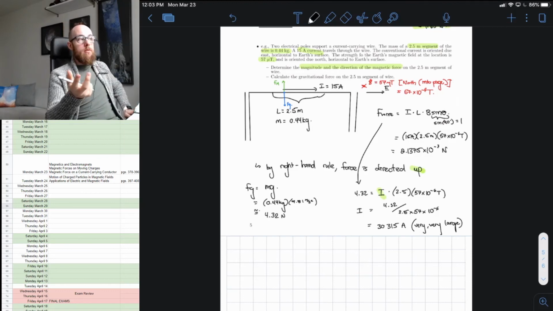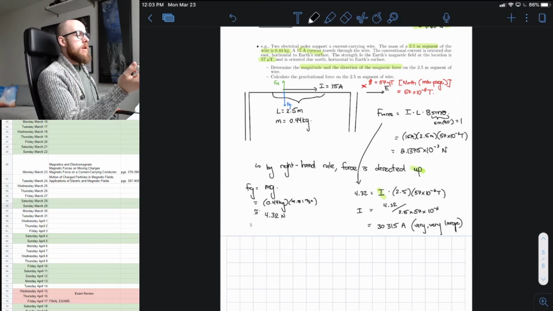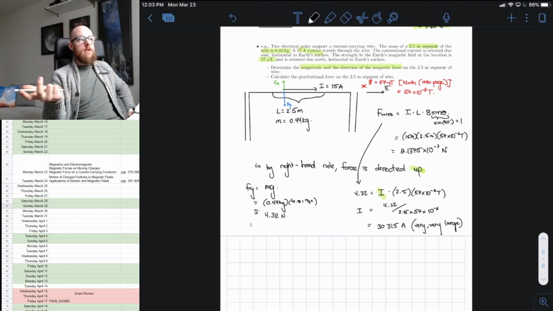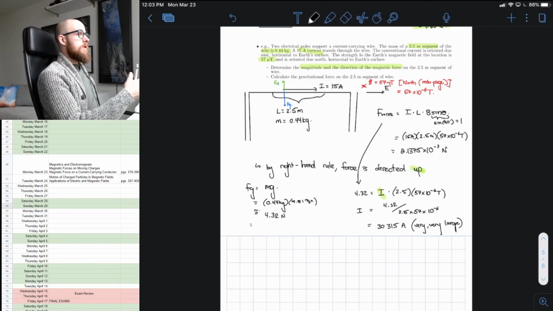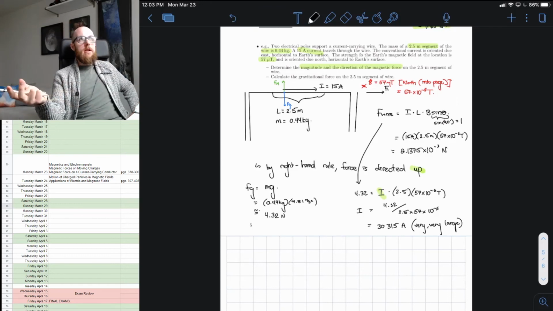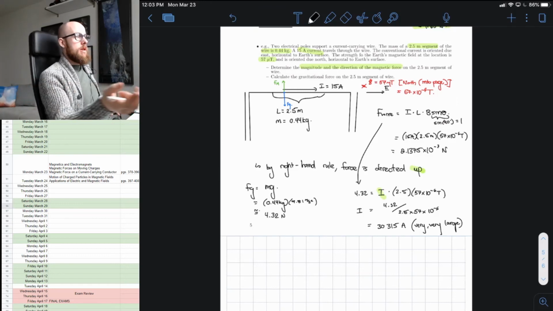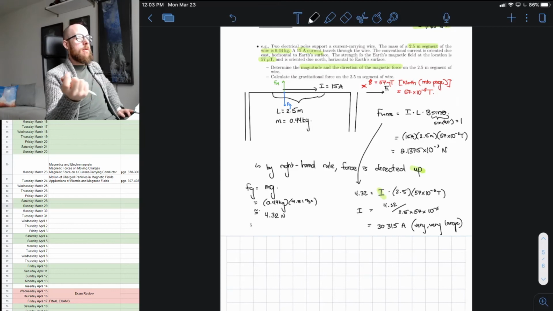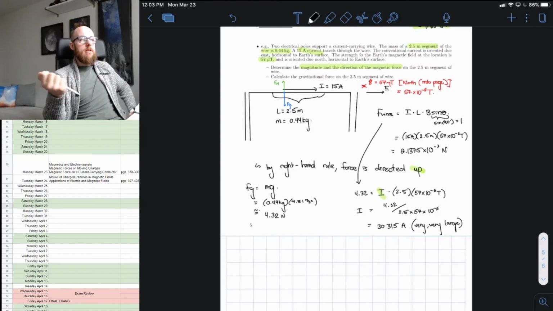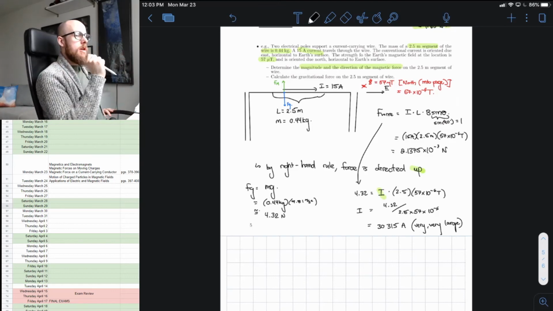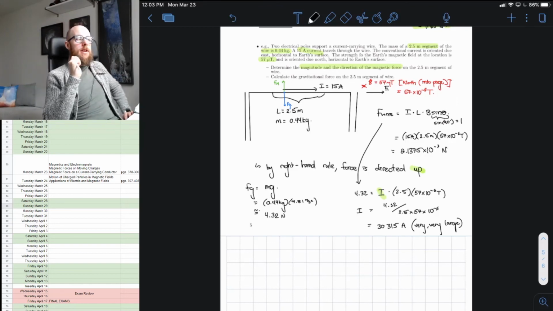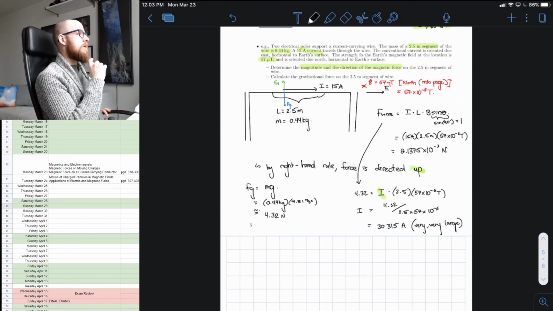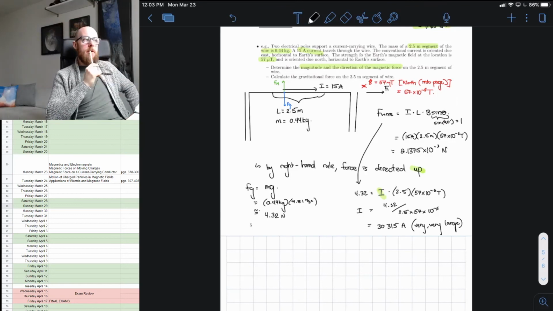A really low resistance wire is almost like a short circuit. If you run a high potential through something with zero resistance, you get infinite current. But I don't think a wire can support that much current. I'm not positive about that.